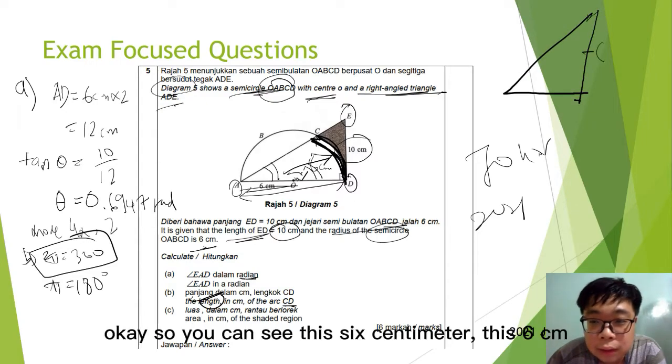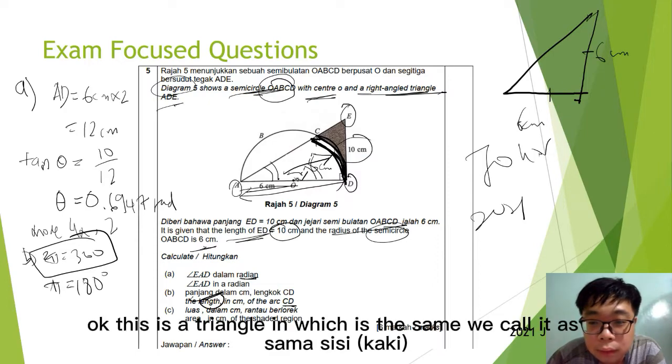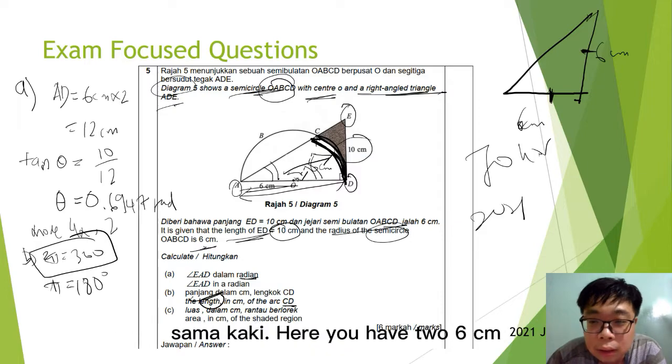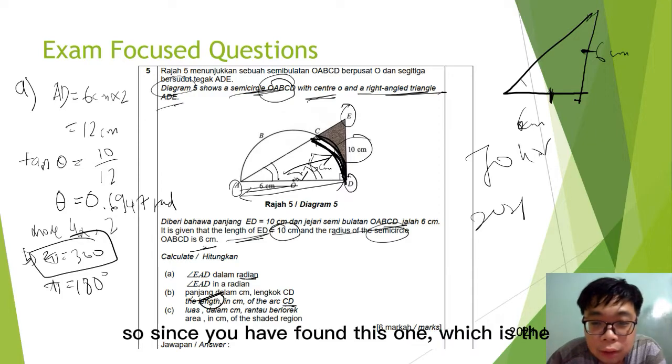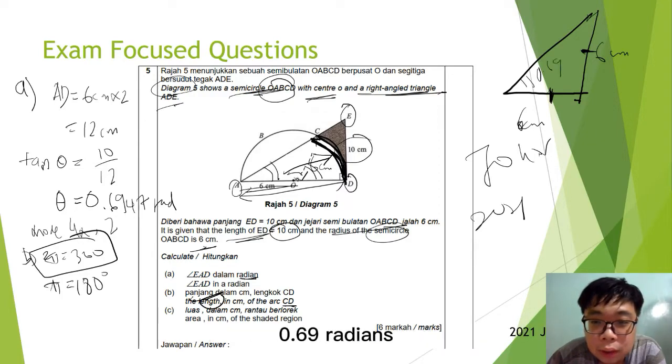You can see this is 6 centimeters, this is 6 centimeters. Here you have two 6 centimeters. Since you have found this one, which is the 0.6947 radian, you have two places.